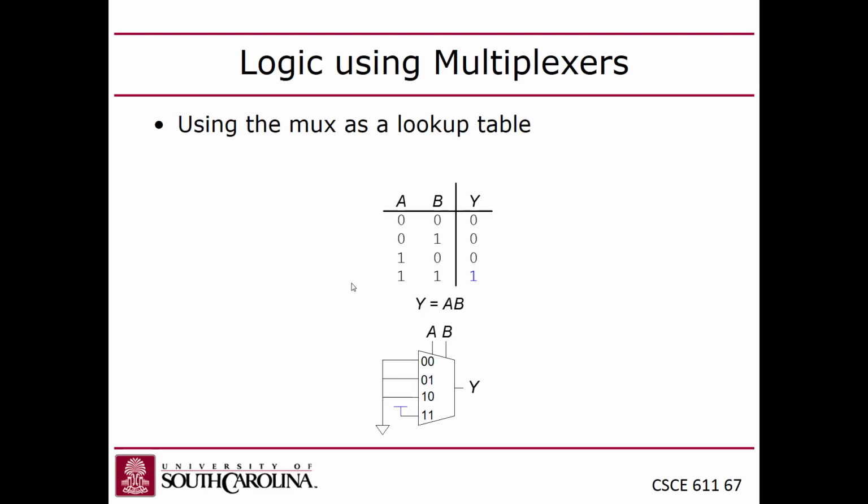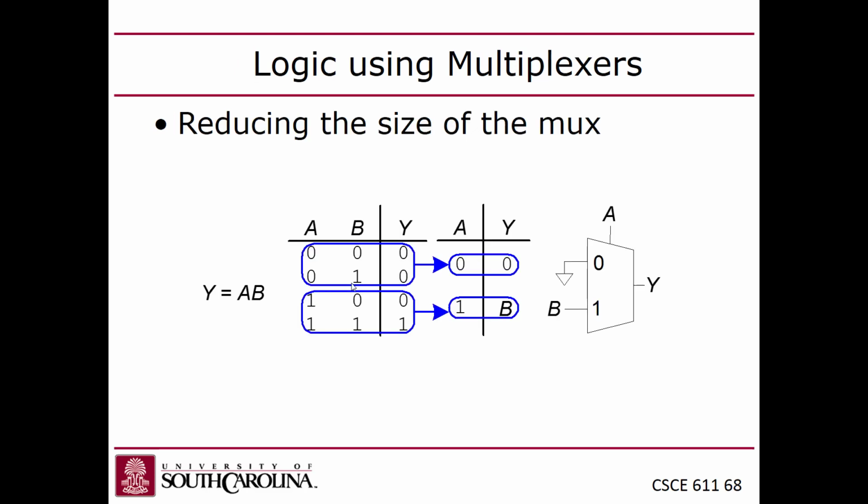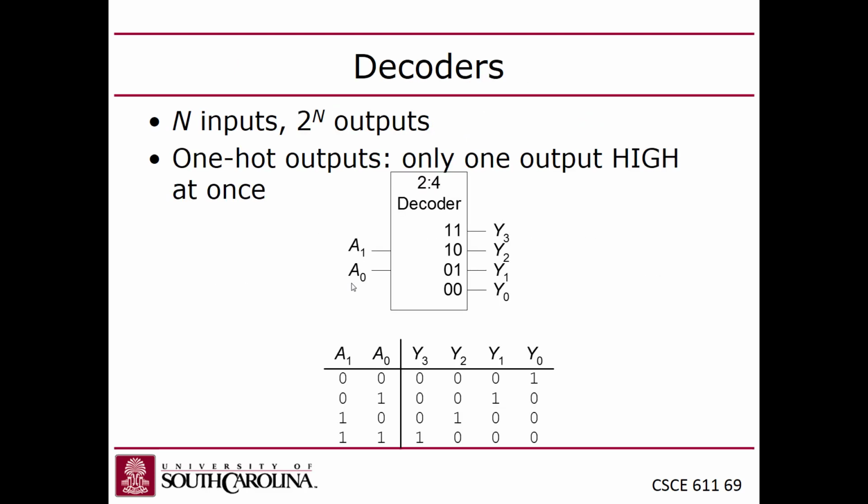Or alternatively, you can use a decoder. So a decoder is another common building block of digital logic. Why do we care? What are they used for? They're used for memory, generally. Decoders are the way that you have a memory that's organized as words, and there's multiple words. So in order to select which word you want to read or write in a memory, you use a decoder.